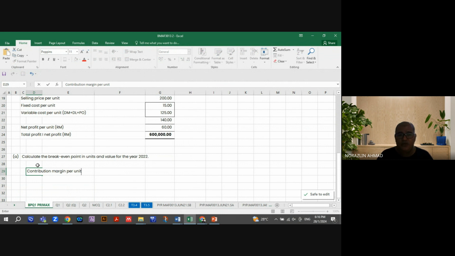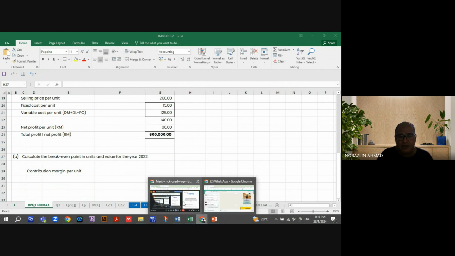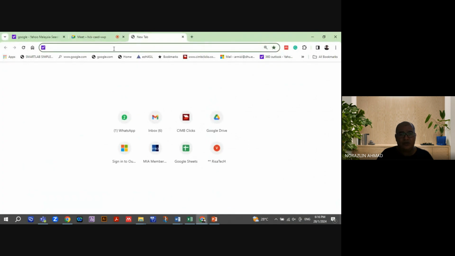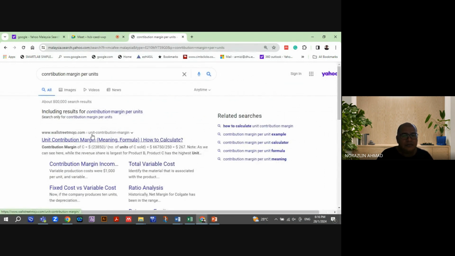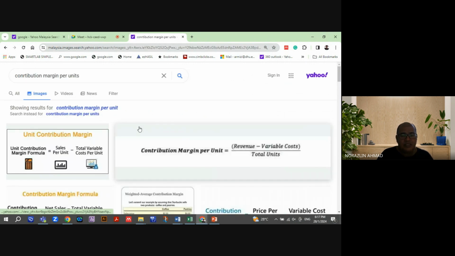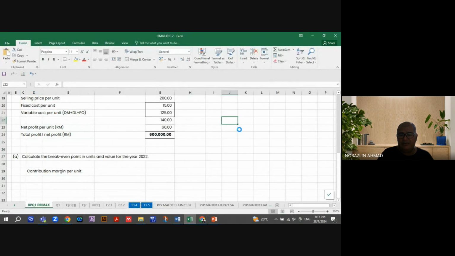What is contribution margin per unit? Let us Google together. Unit contribution margin, margin per unit. This one: revenue minus variable cost, divided by total unit. Copy and paste here.